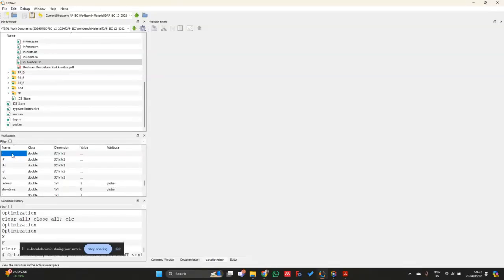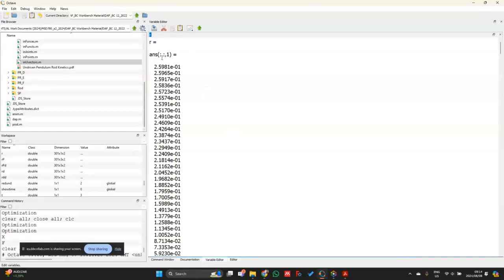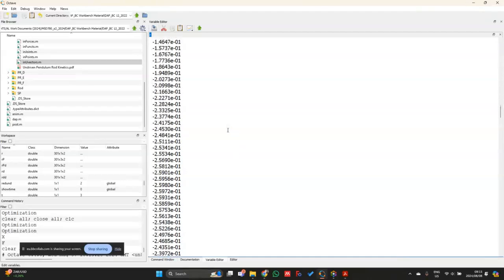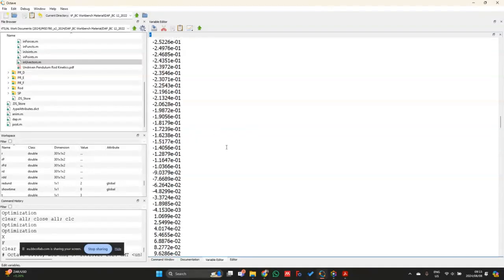So if I double click on this one, then it opens up this list of values or array of values. So first it's going to give me all of the X values. We can see it does start at 0.2598 as initially specified. And then if I go down, it will then give me the Y coordinates after that. So that will then be minus 0.15 that it starts off with as well.